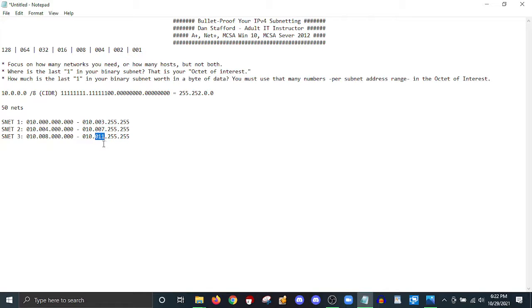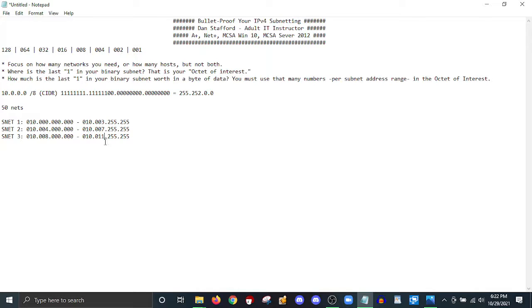So if I throw an even number on this side somewhere, I know I just goofed on my math. Or if I come off with an odd number over here on this side, I just goofed up my math, because look, it's falling all even. What you want to do is do your first few address ranges and then watch for the pattern in the numbers. That's another way to check up on your math.